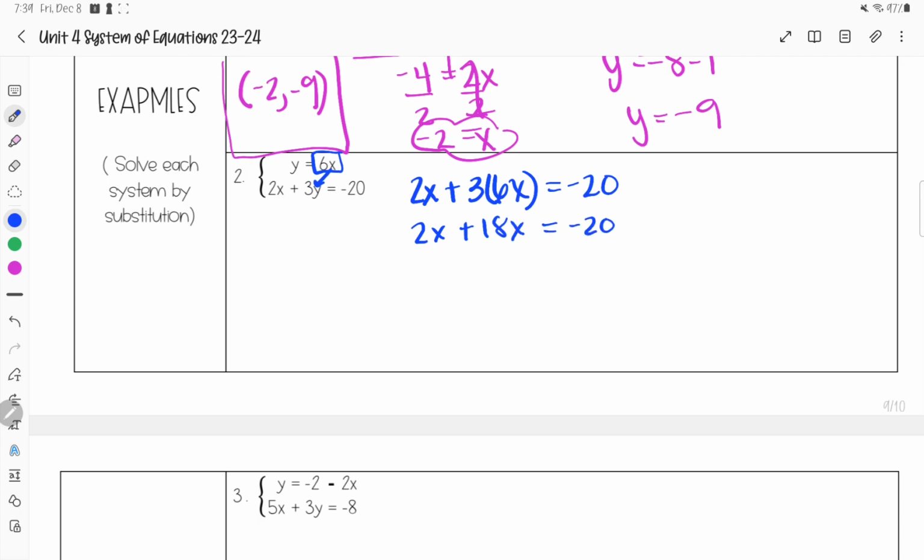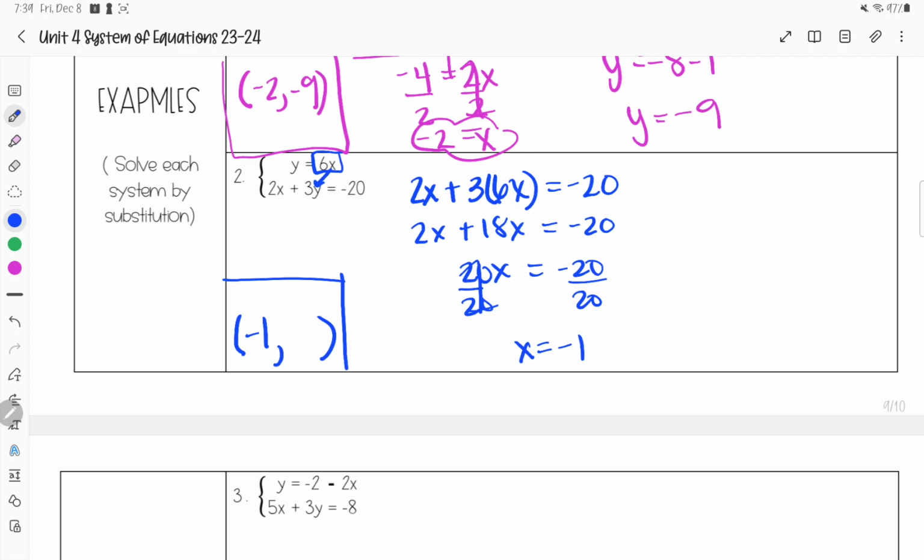That will equal -20. Combine my x's, so I have 20x equals -20. The last step is to divide by 20, giving me x equals -1. So now I have my x value. Now I need to find my y value. I'm going to take what I got for x and either plug it in right there, or I can plug it in there.